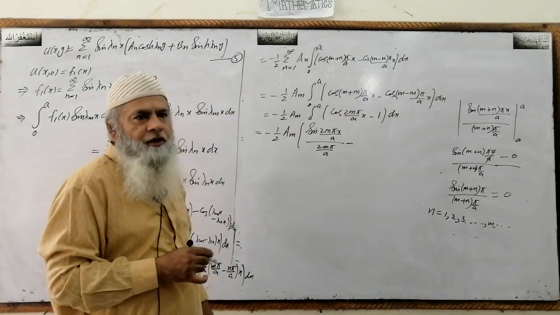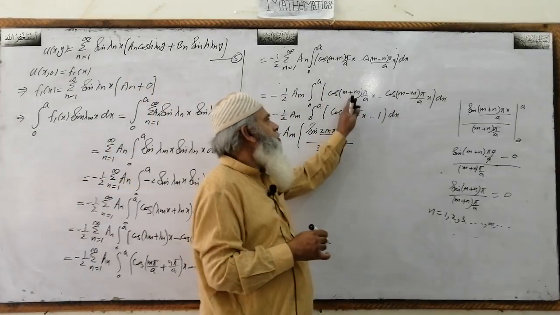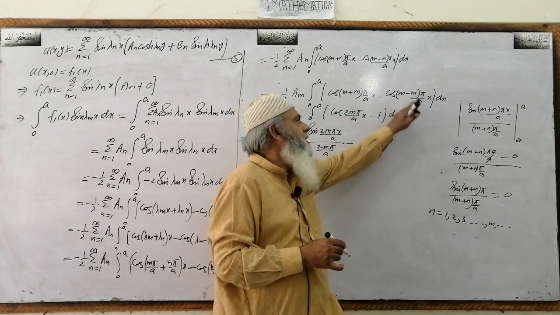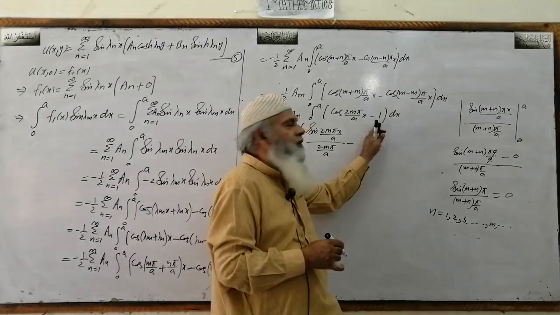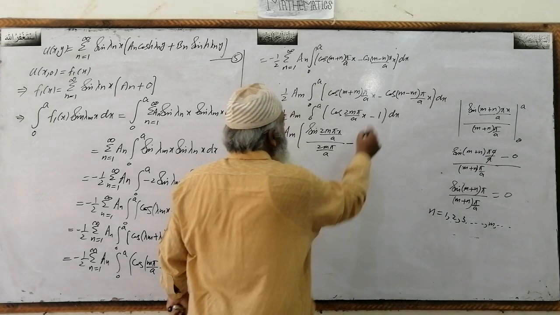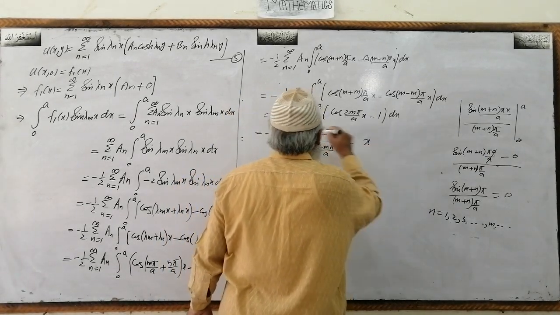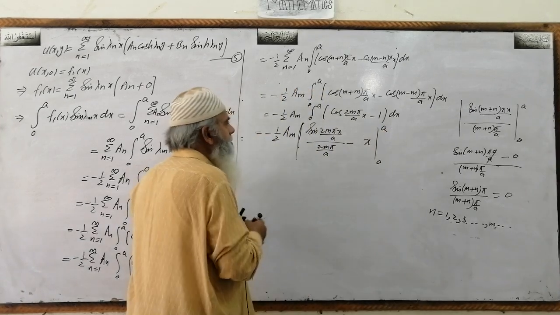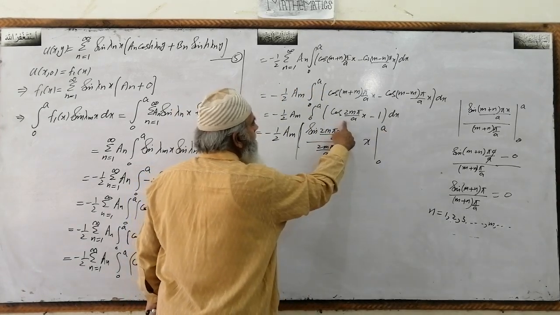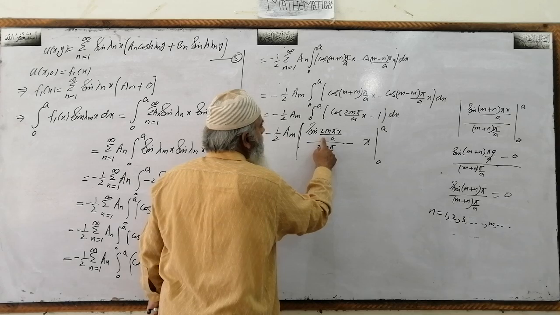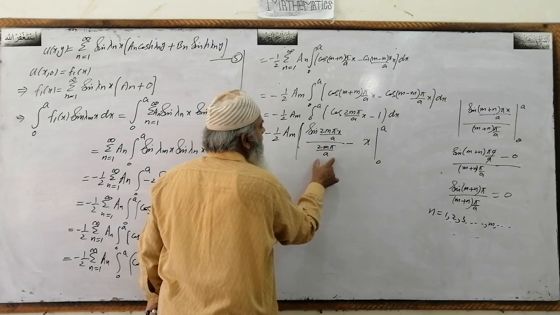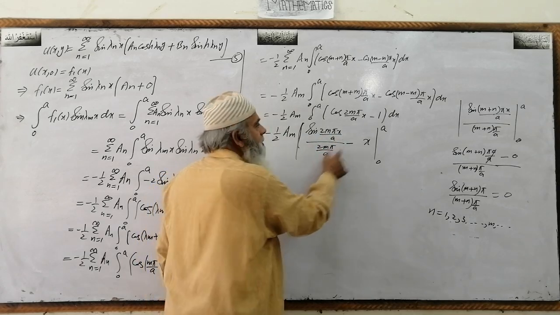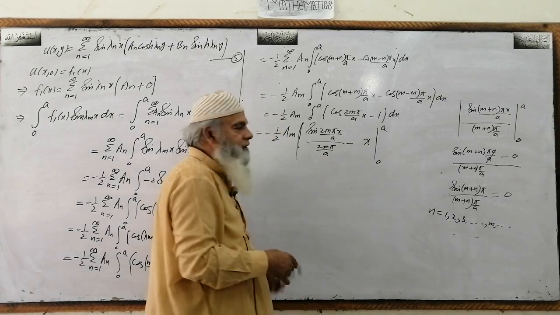I am writing the extra step. Minus m, cos 0 gives you 1, and its integration will be x, and obviously we have to apply the limits as well, 0 to a.